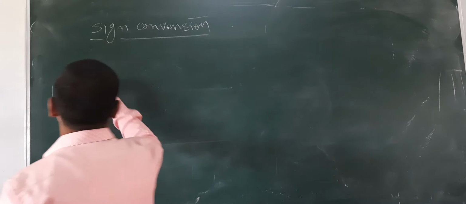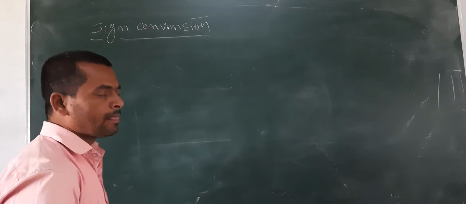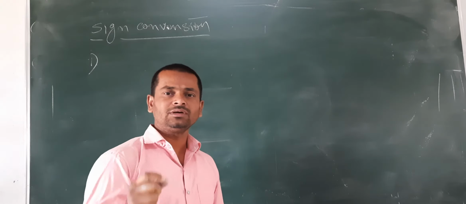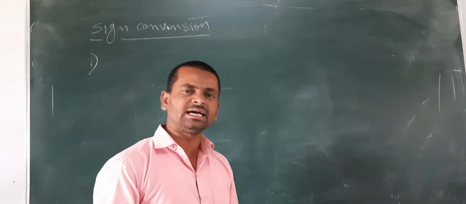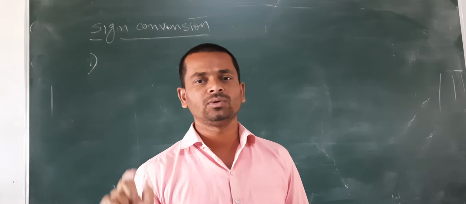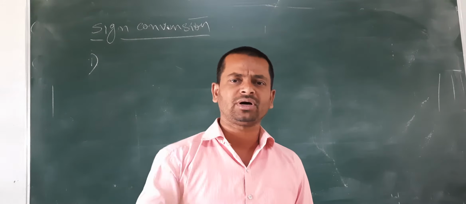So the first one: whatever distance is measured, you must measure it from the pole only. It is a must and an important rule.